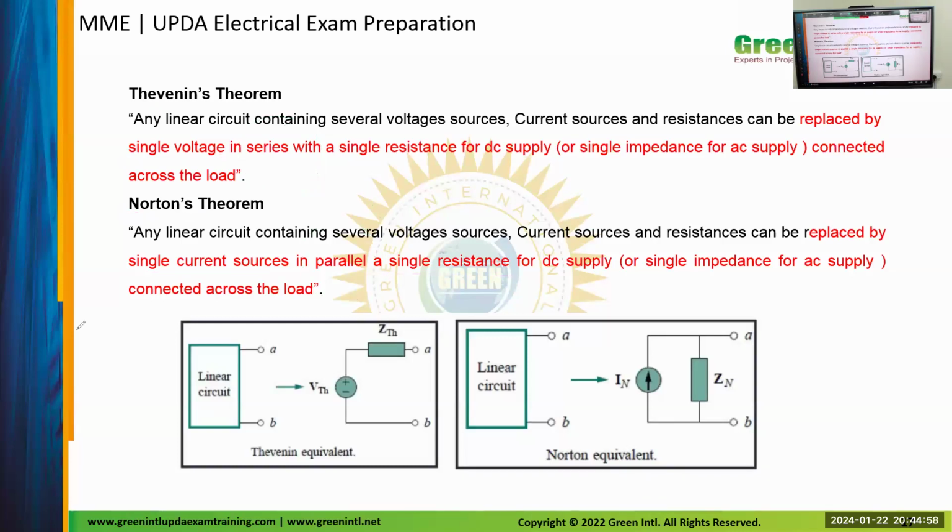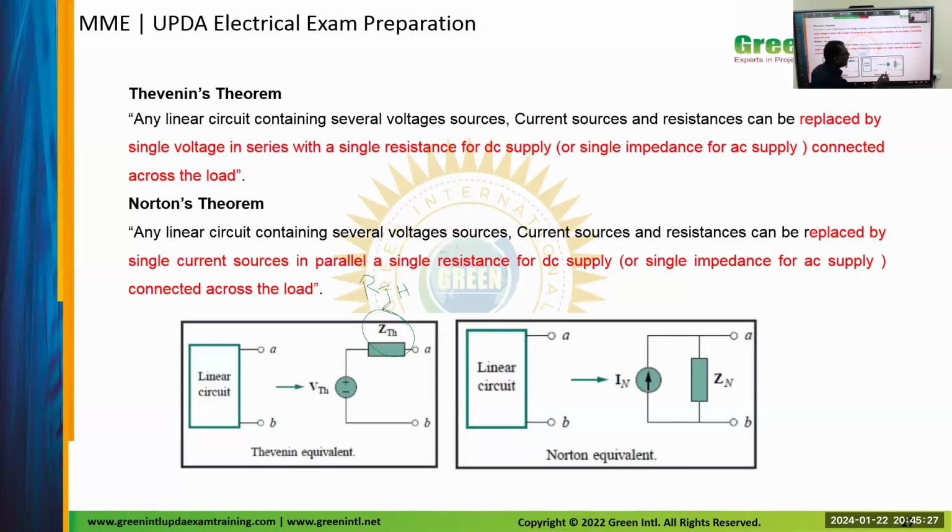Okay. And for DC circuit, we use the word RTH. R stands for resistance, TH stands for Thevenin's. And suppose the circuit is related to the AC circuit, then instead of resistance, we use the word impedance, Z. Let me discuss in the next class what is the definition for Z. So right now, just remember RTH.